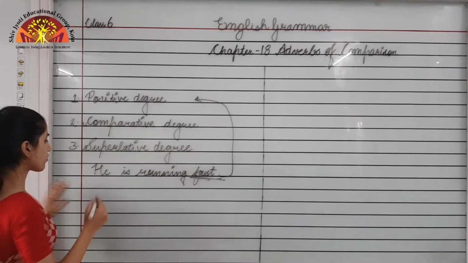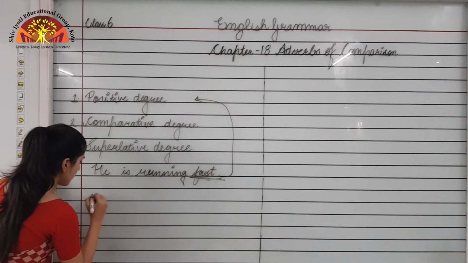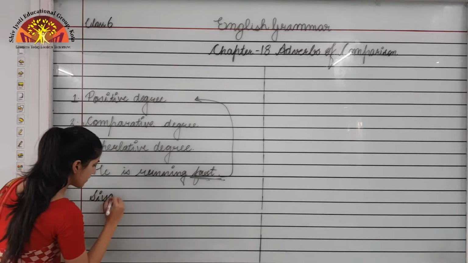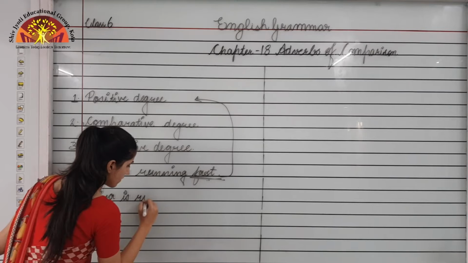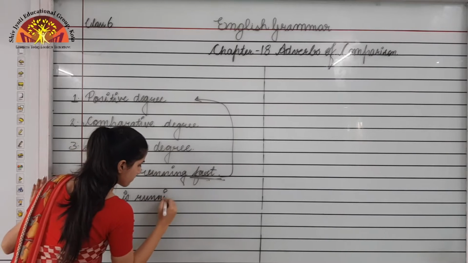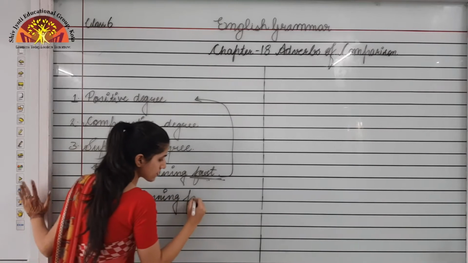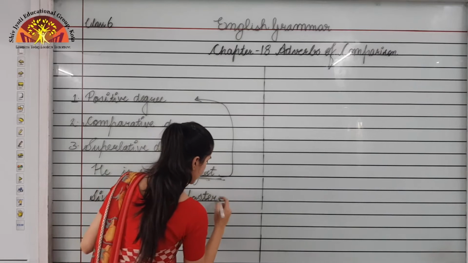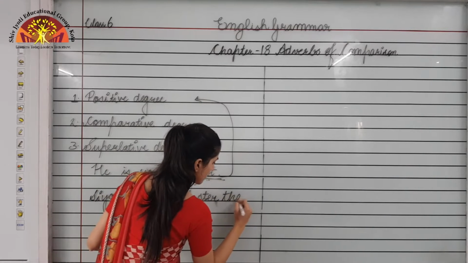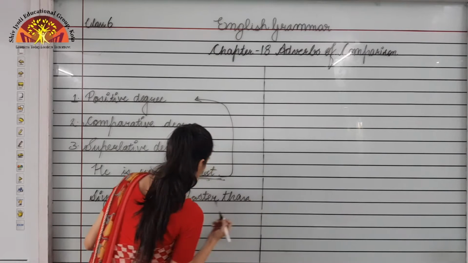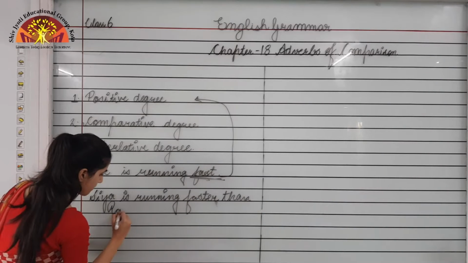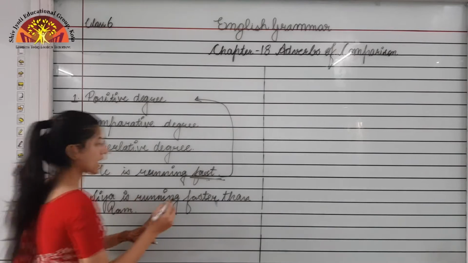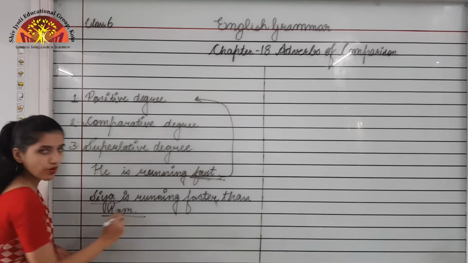Now, moving further. Sia is running faster than Ram. Over here you can see that I am comparing Sia and Ram.